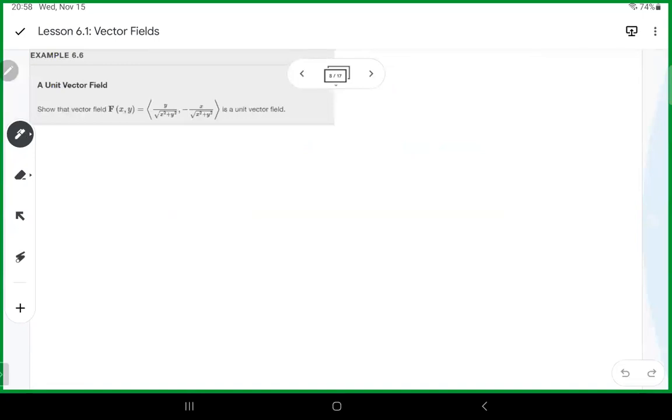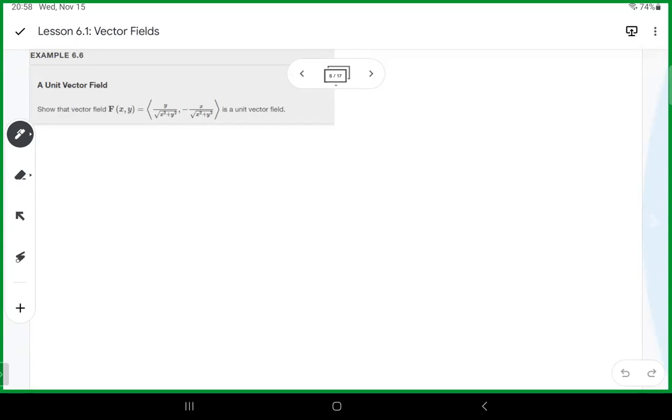Okay. Example 6.6 says that the following vector field is a unit vector field. Oh, show that it is a unit vector field. So what that means is that we have to show that the magnitude of each vector is 1.